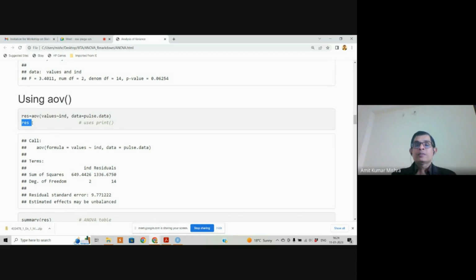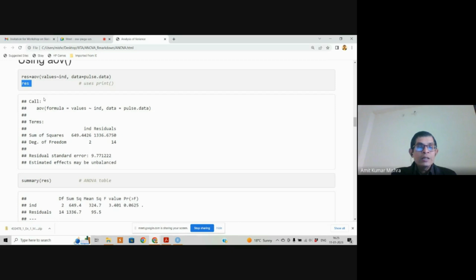And this aov function gives you the summary just like an analysis of variance table, in the form of a table. You can see the formula call is aov. What are the terms? It is giving you the sum of squares.